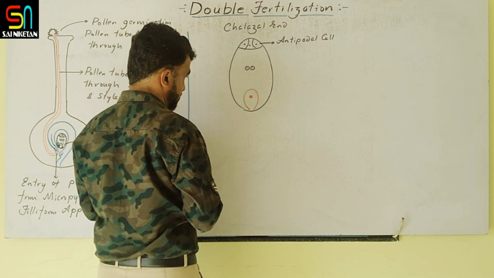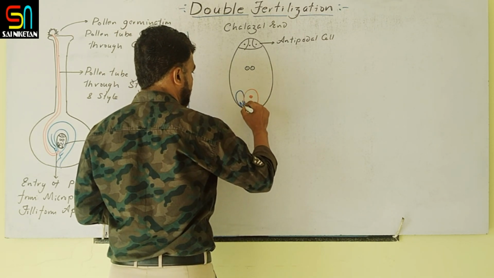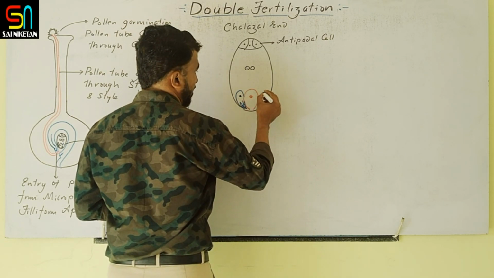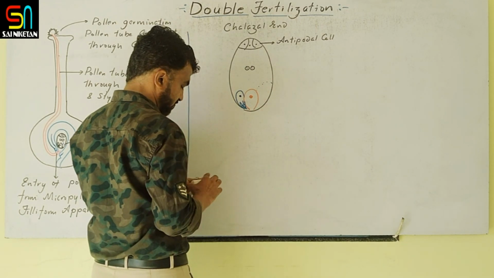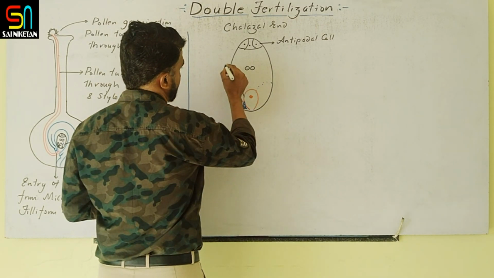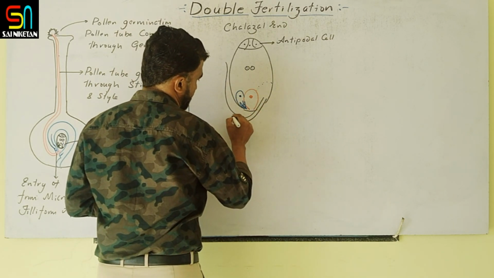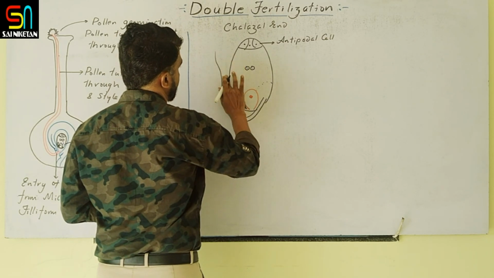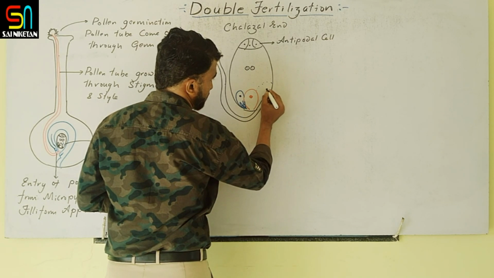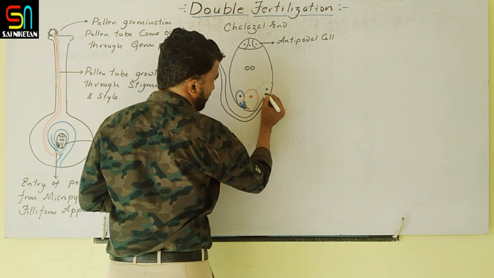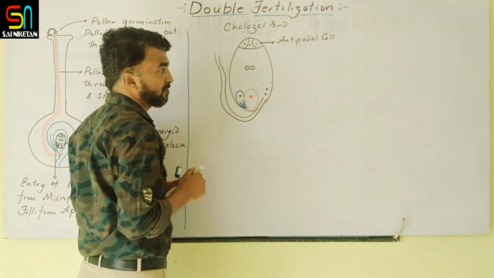This is a synergid which is still active, and this is a degenerated synergid, and the pollen tube entered here. This is the pollen tube, and it will release the two male gametes into the cytoplasm of this degenerated synergid. Now the two male gametes are present in the embryo sac.